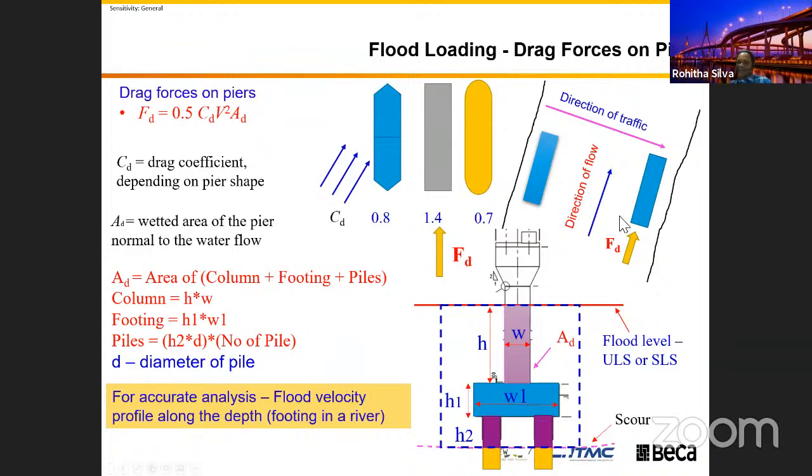And again, this drag force is similar to the wind: 0.5 V squared times the area, the pressure, times this CD factor. You need to calculate in terms of that.